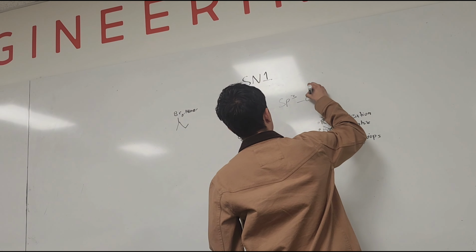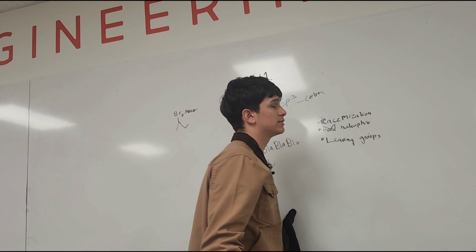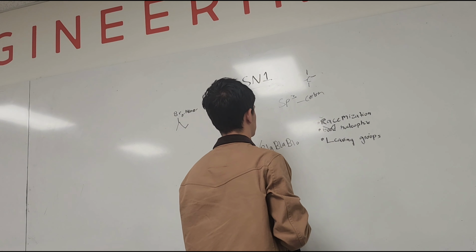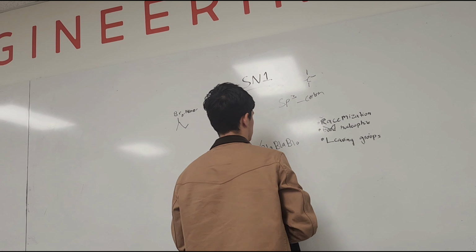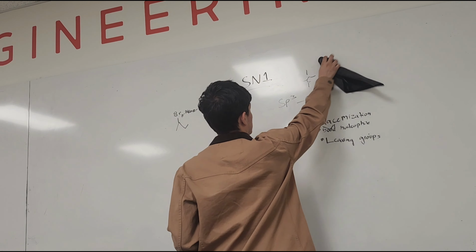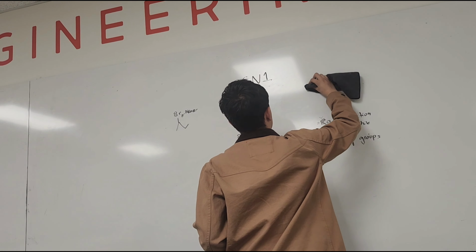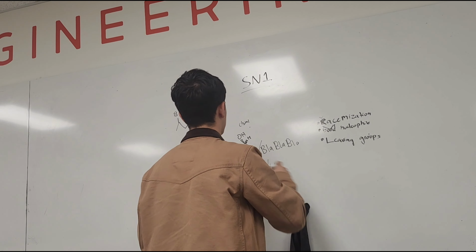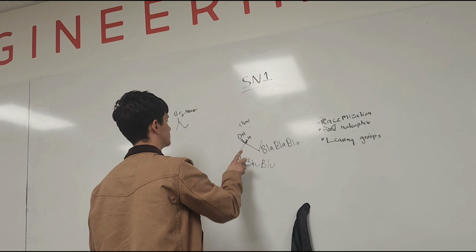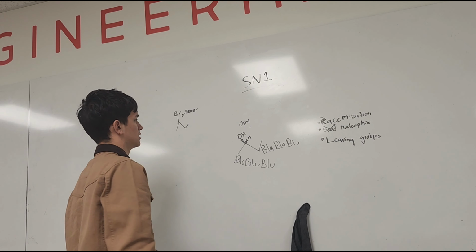Sorry, guys. An sp3 hybridized carbon is a carbon that has 4 single sigma bonds. So it's chiral when it has 4 different groups, like hydrogen, hydroxide.